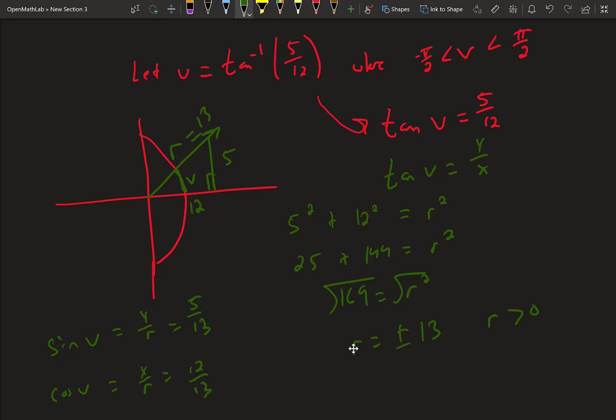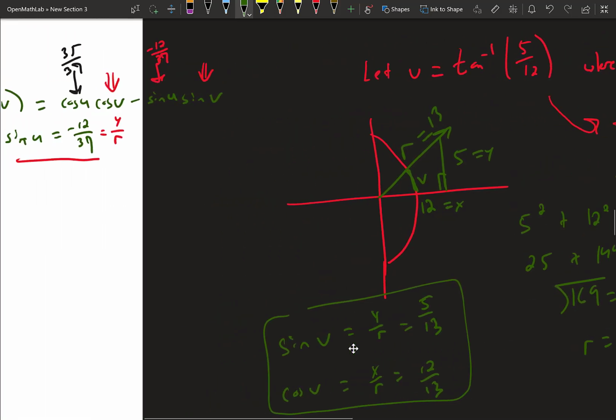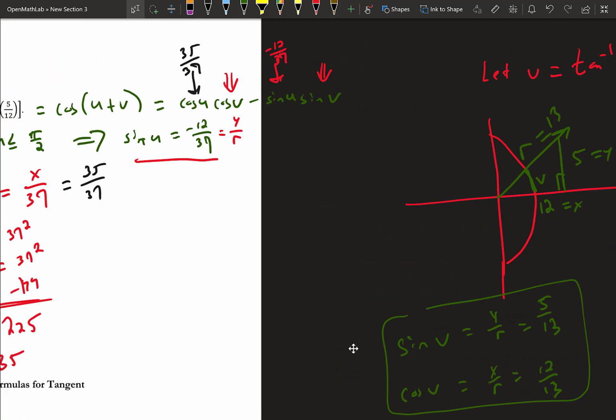Right, so just picking those values, right? This is y, this is x, and that's r. It's 13. Right, so now I have those missing values that I was looking for. So sine of v is 5/13, and cosine of v is 12/13.